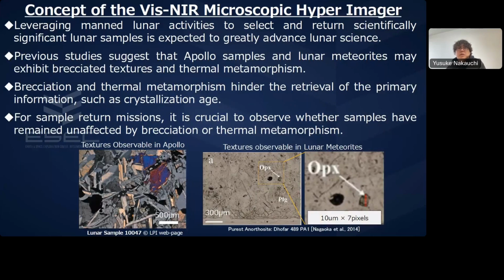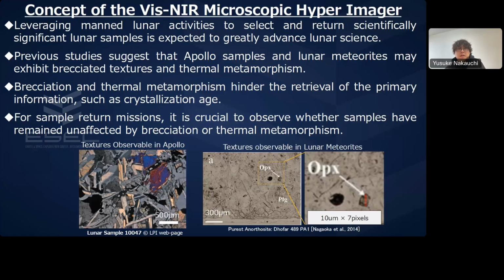With the increasing opportunities for lunar activities, developing a compact in situ analyzer for surface investigation is essential. Leveraging manned lunar activities to select and return scientifically significant lunar samples is expected to greatly advance lunar science. Previous studies suggest the upper samples and lunar meteorites may exhibit breccias, breccia textures and thermal metamorphism, since they have remained on the lunar surface for extended periods.